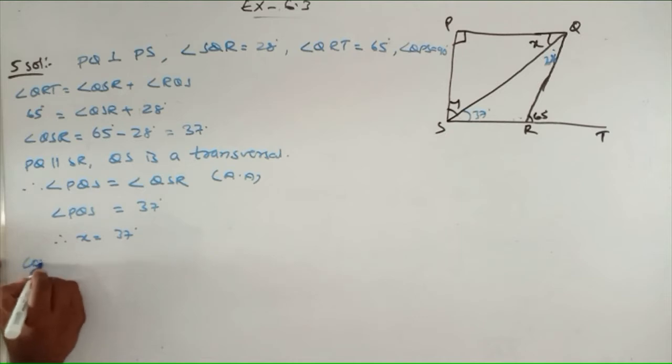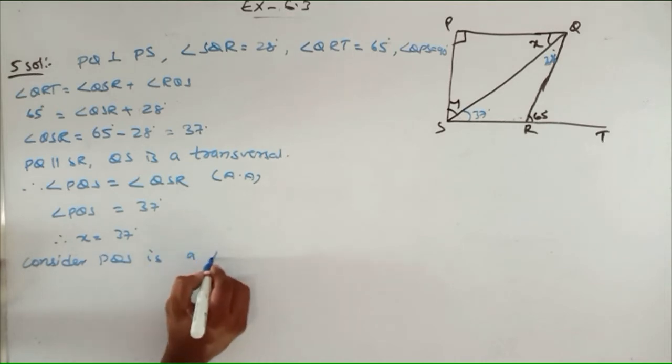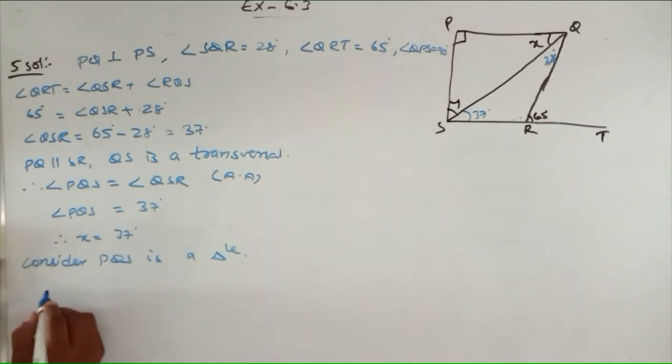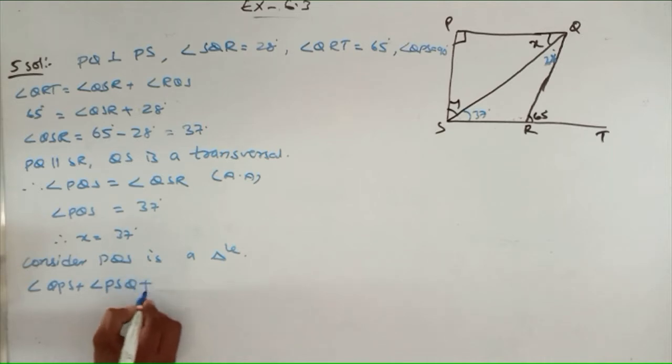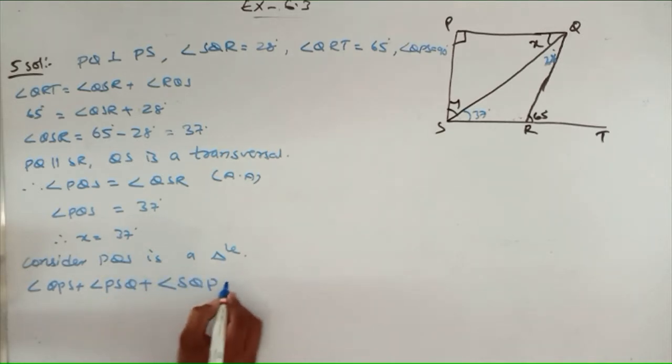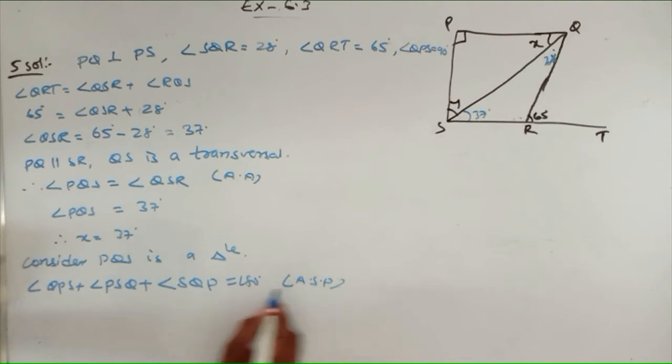Now I am considering PQS as a triangle. Then angle QPS plus angle PSQ plus angle SQP is equal to 180 degrees by using angle sum property.